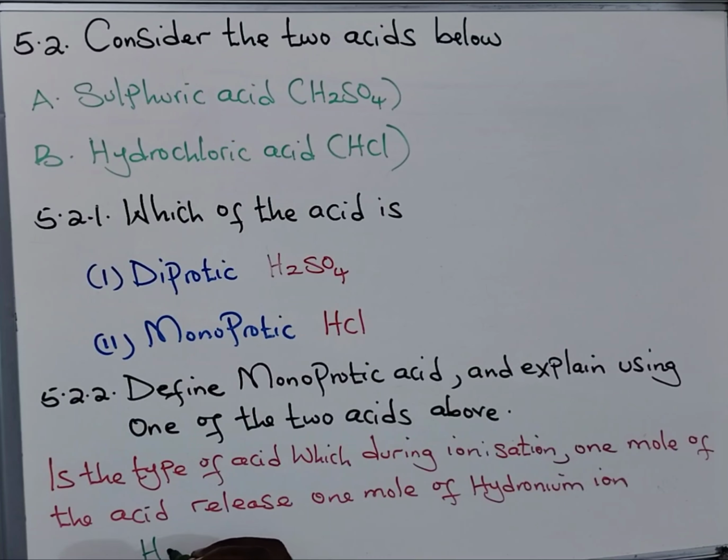If you have hydrochloric acid here and it's aqueous, if it ionizes, what are you going to get? You're going to get hydrogen ion plus chloride ion.